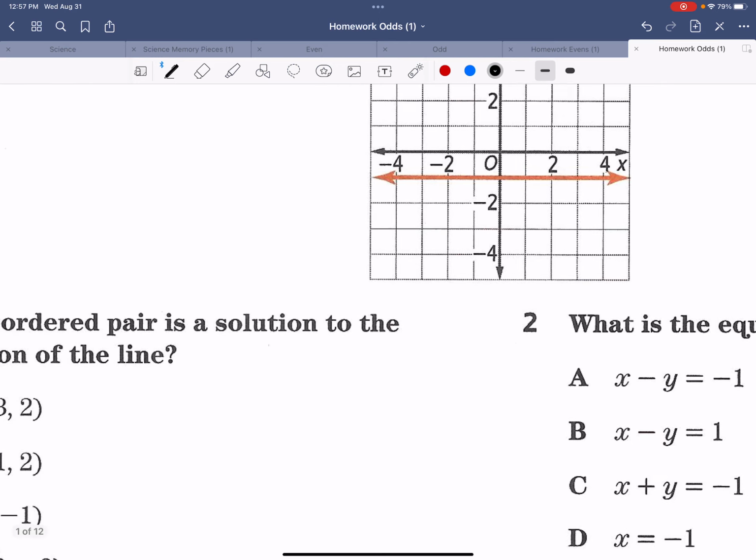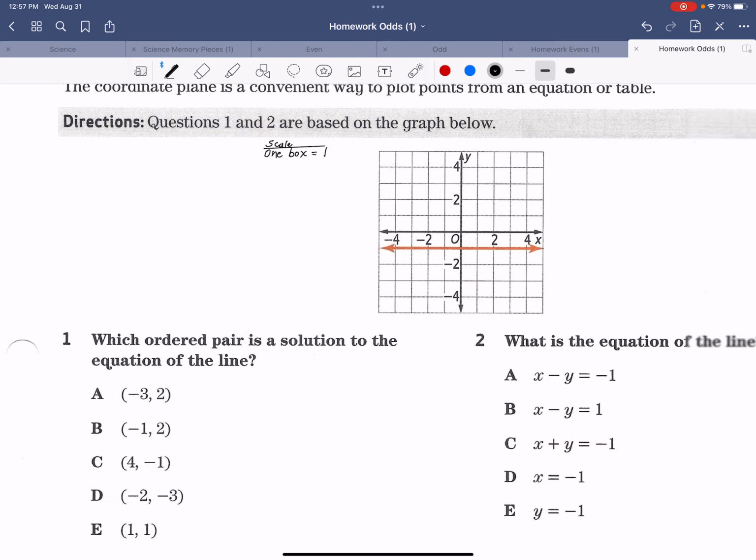Okay, the first one is -3, 2. So back 3, up 2 is right here. That is not on the line. -1, 2. So back 1, up 2. It is not on the line.